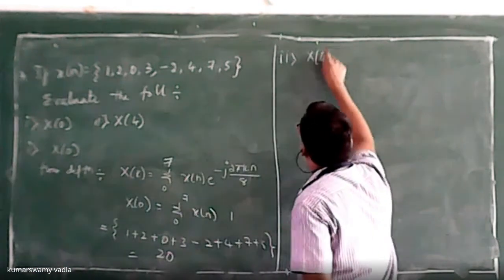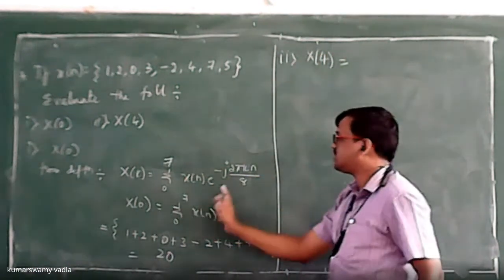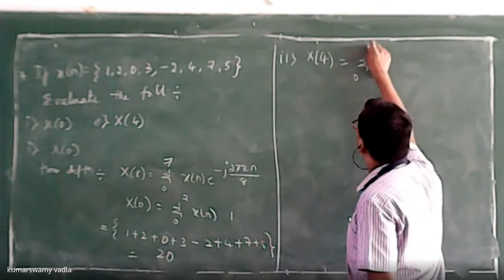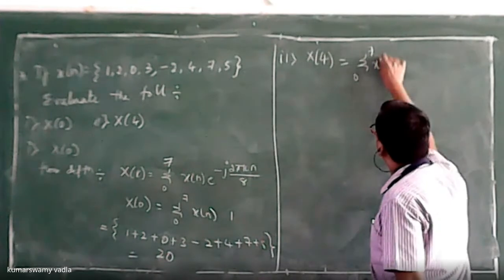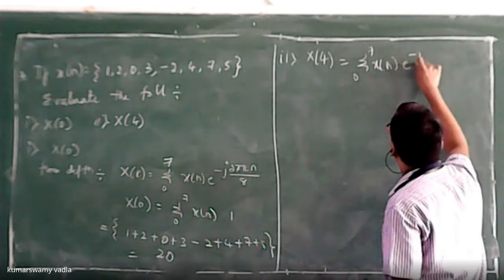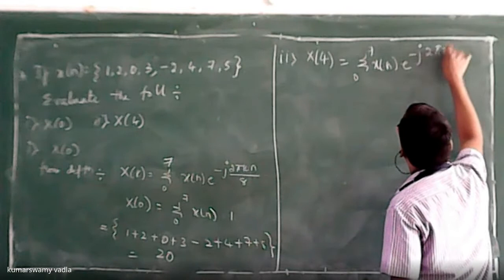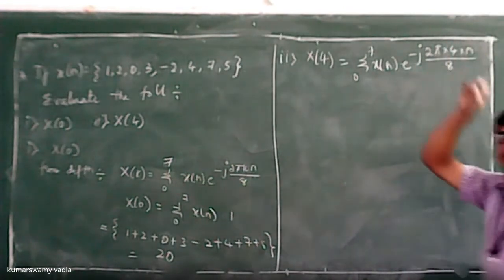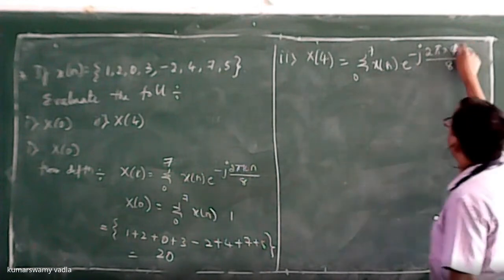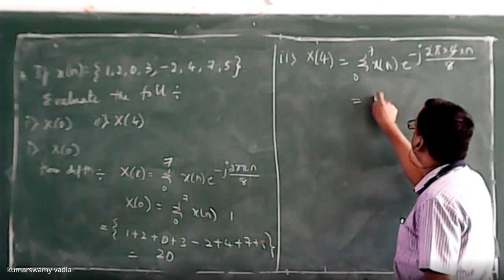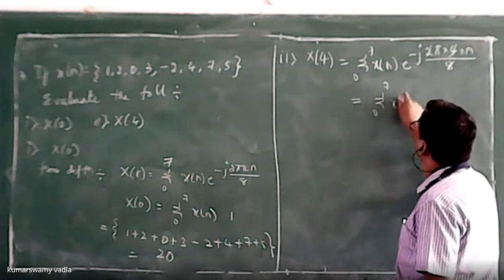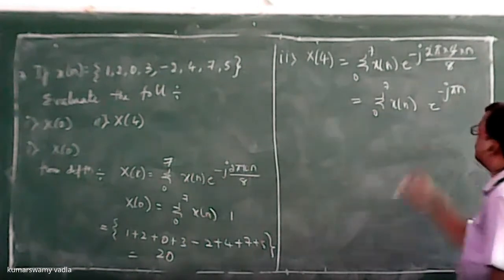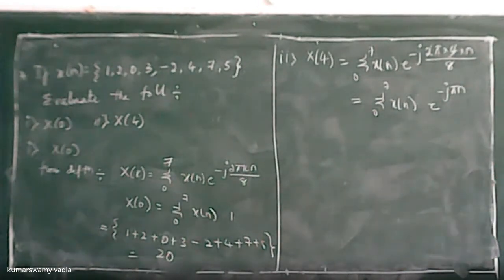Capital X of 4 is the summation from 0 to 7 of x of n e power minus j 2 pi, with k as 4, keeping n as it is, divided by capital N, which is 8. So this gets cancelled, leaving the summation from 0 to 7 of x of n e power minus j pi n. Is the point of discussion clear here, friends?